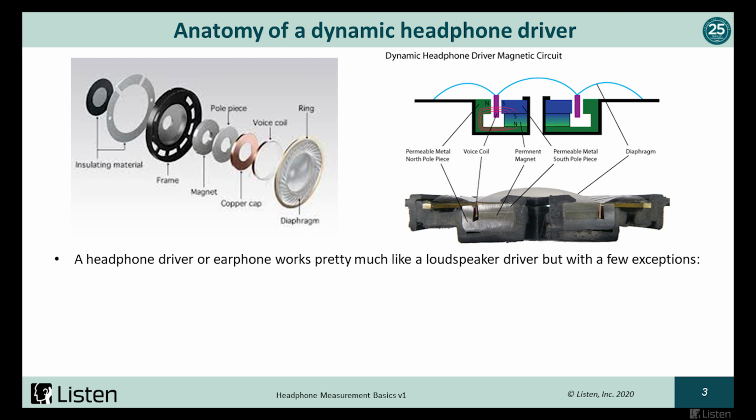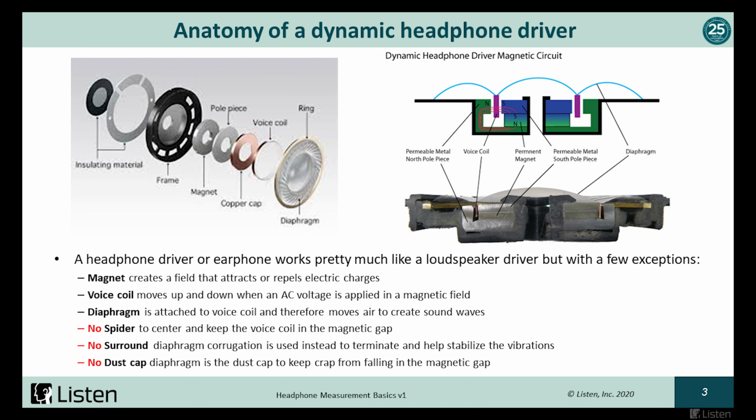So the anatomy of a dynamic headphone driver is really very similar to a loudspeaker, but with essentially fewer or smaller components. The thing to keep in mind is that typically headphones have to be very flat because they're being held close to the ear and there's not a lot of space.